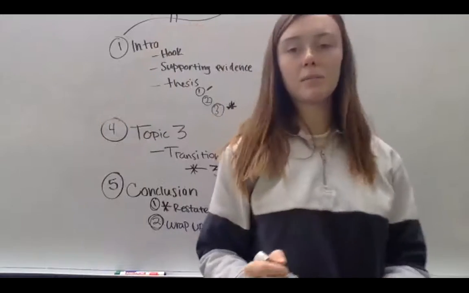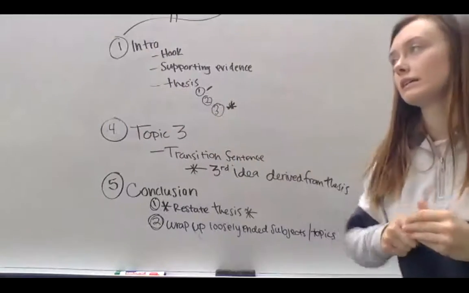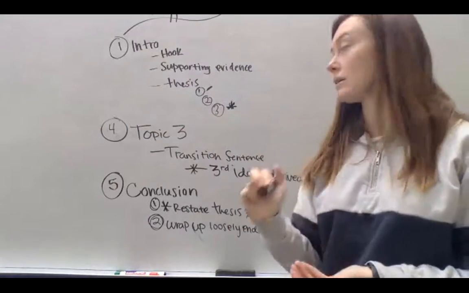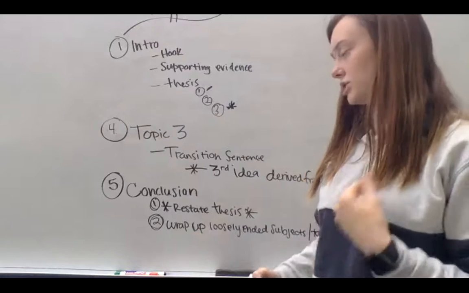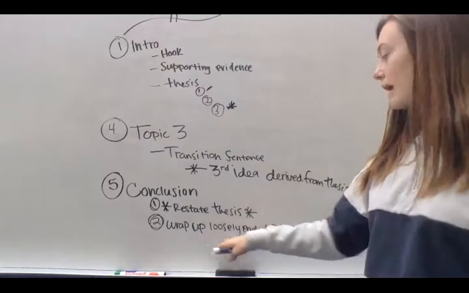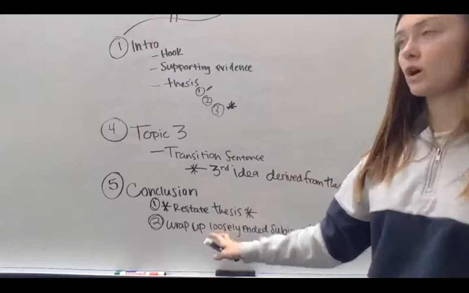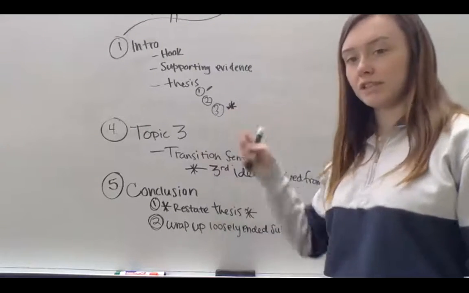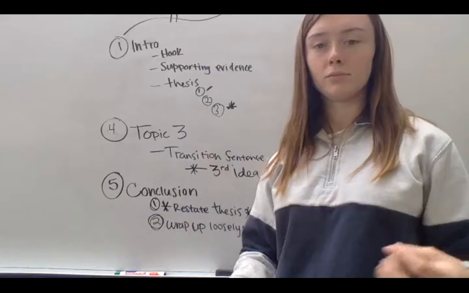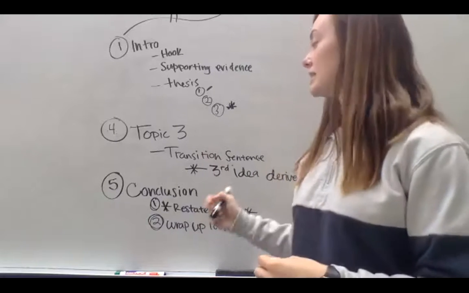So if you weren't able to wrap up in a proficient paragraph about how or what you thought to support that topic, you can wrap it up in your conclusion. Don't write another paragraph on topic 1. Just give a sentence, right? Just explain. It's okay.